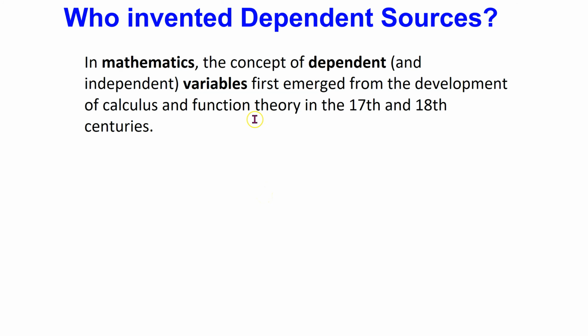The development of dependent sources in circuit theory is generally not credited to any single scientist. Broadly, the concept has its origins in mathematics, where the concepts of dependent and independent variables were developed in the 17th and 18th centuries.